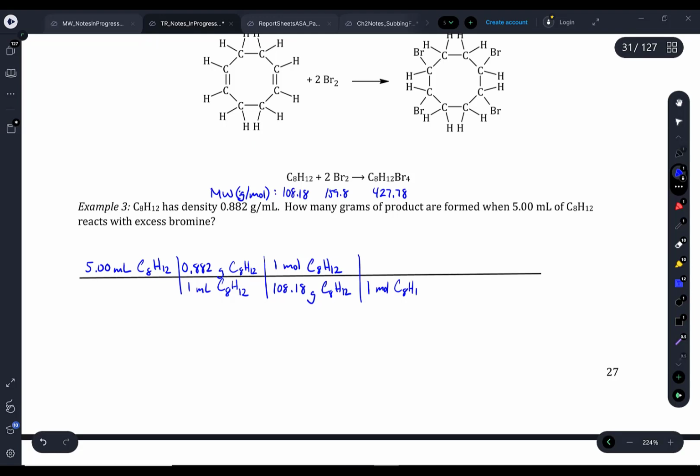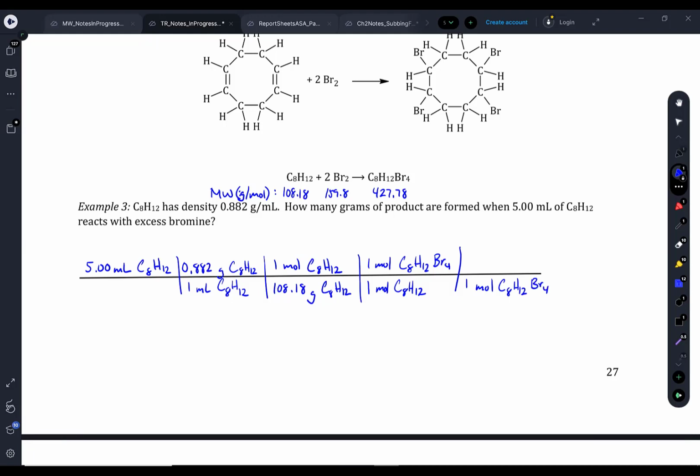In any case, 1 mole of that gives you 1 mole of the final product, C8H12Br4. And we've already calculated its molar mass, 1 mole of that, and because I'm running out of space, I'll just say is 427.78 grams. And I'm going to leave that to you to calculate, okay?